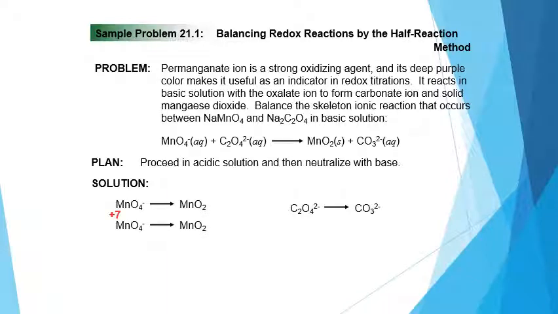In this case, we assign the oxidation numbers for manganese, which goes from +7 to +4. There's a decrease in oxidation number, therefore it is reduced. In the case of oxalate, carbon goes from +3 to +4, so there is an increase in oxidation number. So the oxalate, giving carbon dioxide, is the one being oxidized.